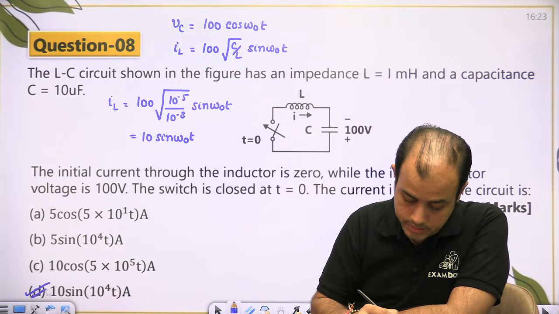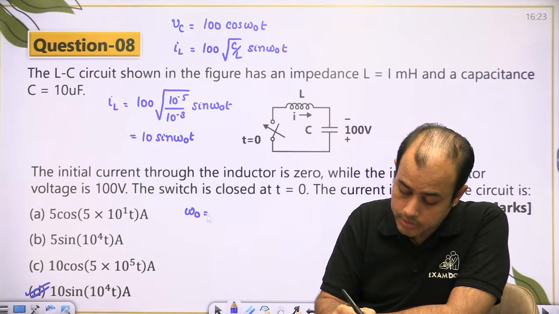So answer will be, omega naught is 1 by root LC.